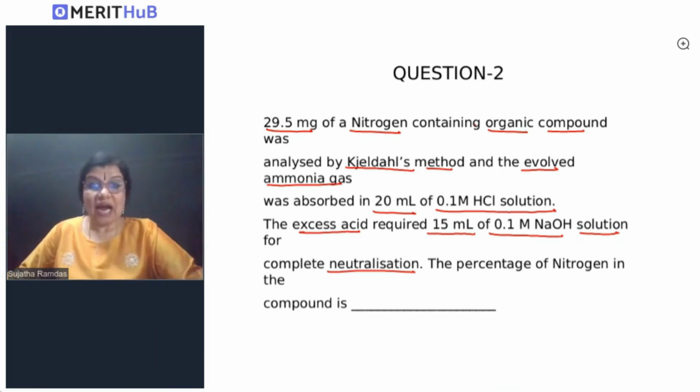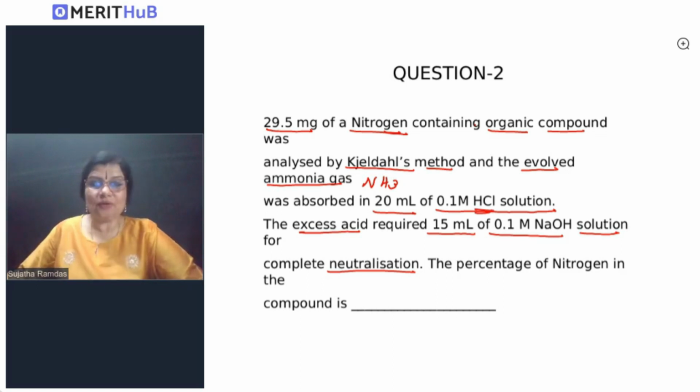So here, let's start with this. Let's understand the question. Now, this compound is a nitrogen-containing compound. I'm not getting into details of Geldal's method, but what we have to understand is whatever nitrogen is present in the organic compound has been converted to ammonia gas. All right? And this ammonia gas is exposed to hydrochloric acid.